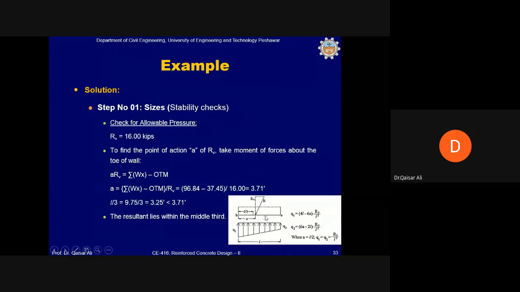And we have discussed in the previous slide that it is a favorable condition when R falls within the middle third, because then you don't have to check the retaining wall against overturning. When R falls within the middle third, it is certain that the retaining wall will be safe against overturning. Although we have done this in the previous slide just for the purpose of demonstration.